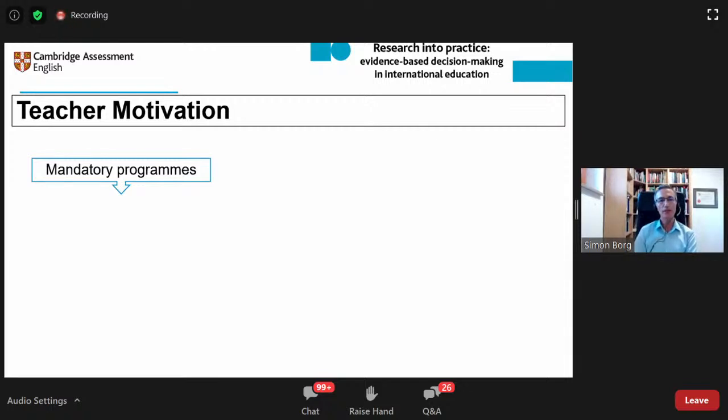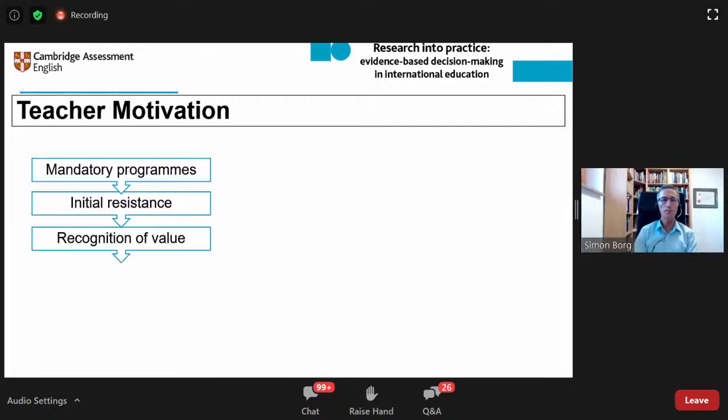So you have mandatory professional development programs where teachers are compelled to participate. The immediate reaction by many teachers is resistance. They are not too excited by the prospect of being compelled to take part in professional development, particularly when programs extend over several months or a year or more.